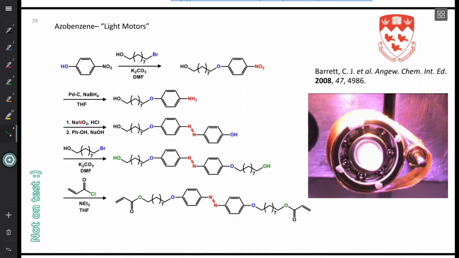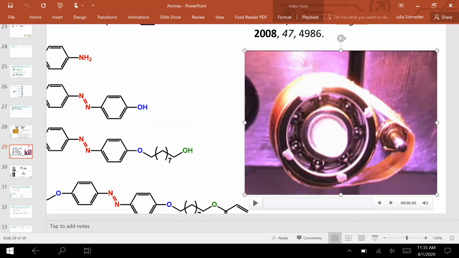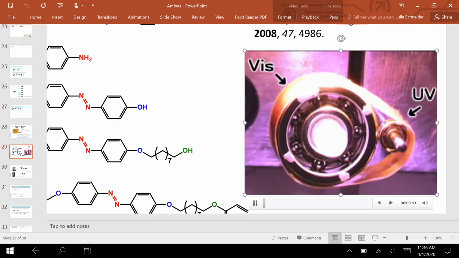And as it switches from cis and trans, it literally moves. Like, the whole molecule goes from being trans, which is sort of linear, to cis, which is more bulky, like more bent, right? And so let me see if I can switch over to show you this video.